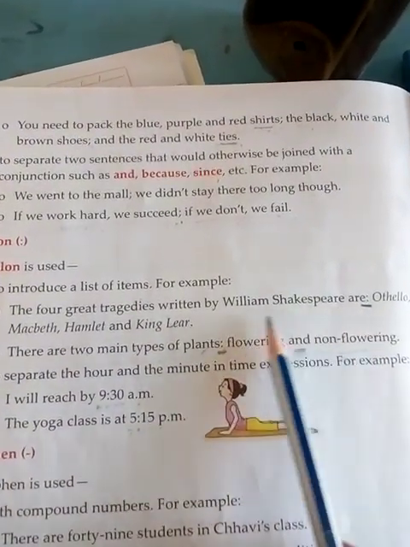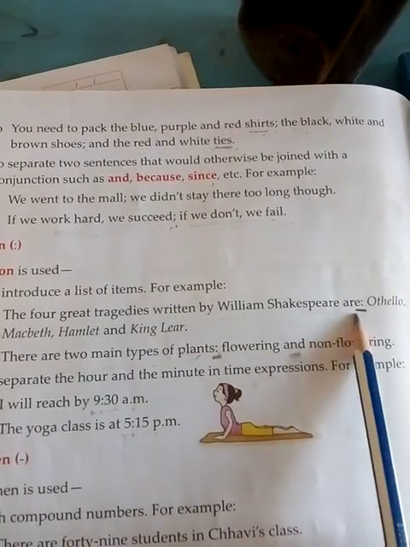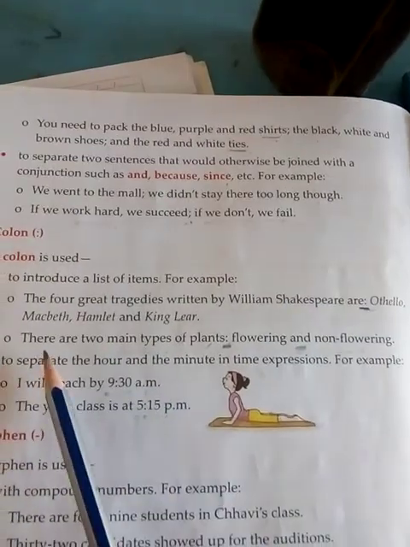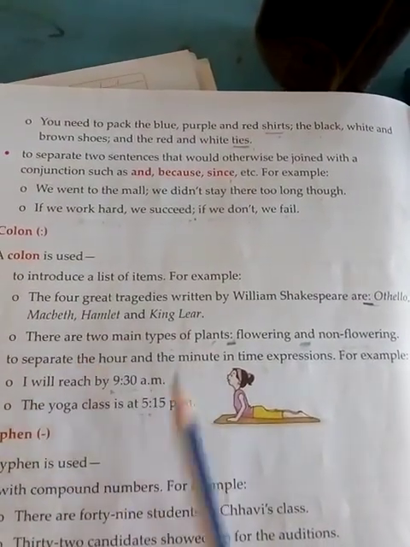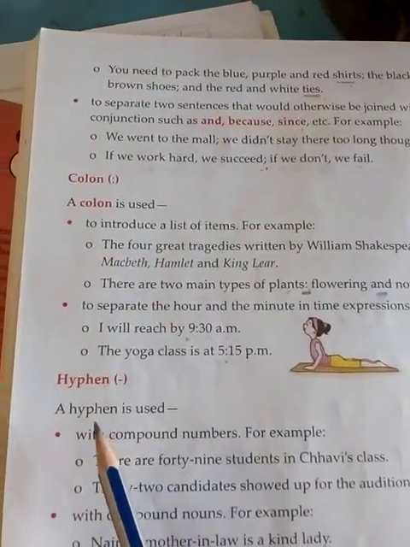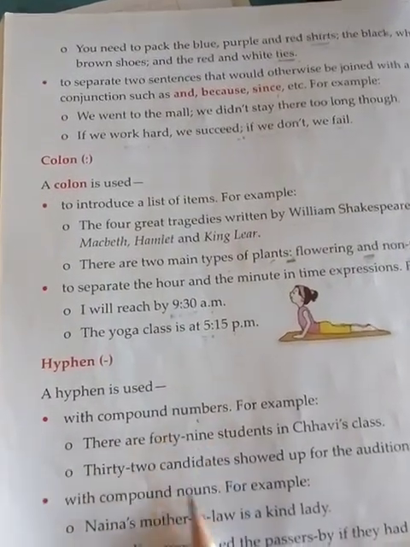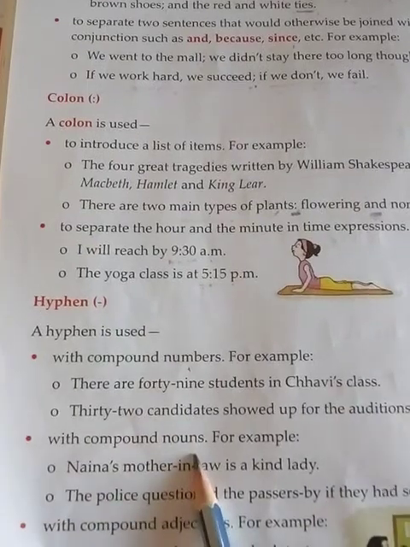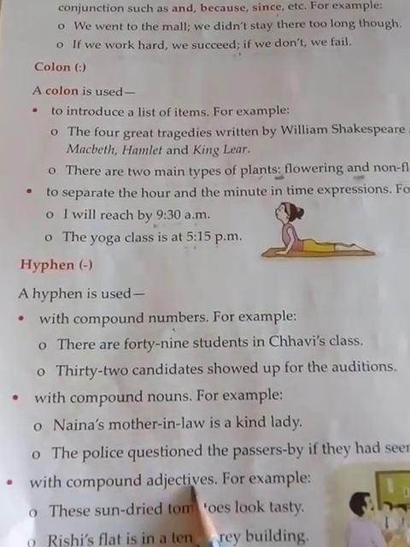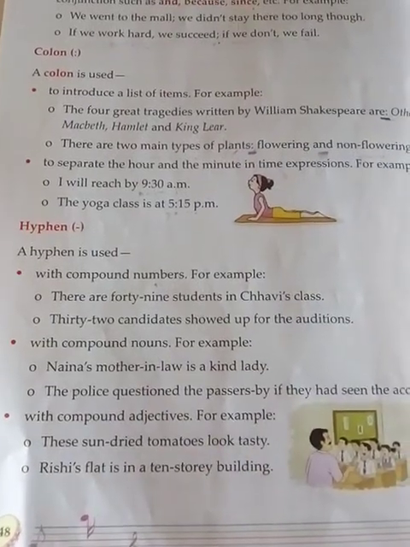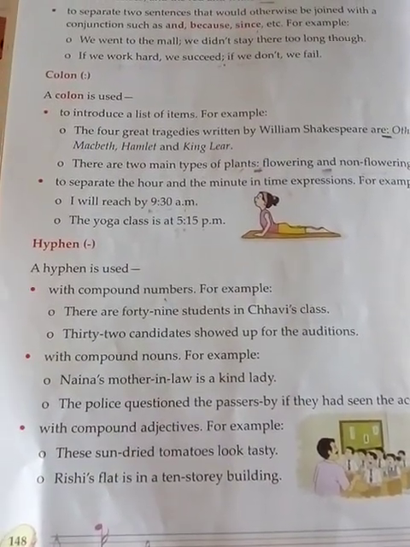Here William Shakespeare wrote many tragedies. To indicate that, a colon is used, and between the names a comma is used. The hyphen is used with compound numbers, with compound nouns and with compound adjectives, as we have seen in the examples. I hope you have understood. Thank you for watching. Thank you.